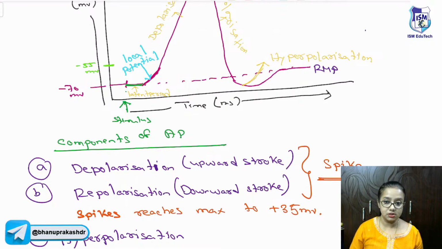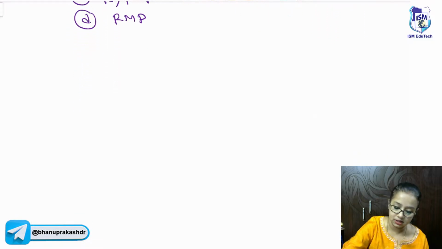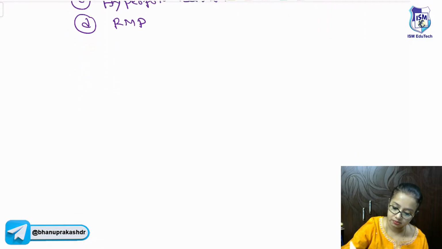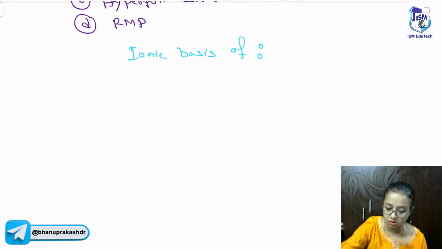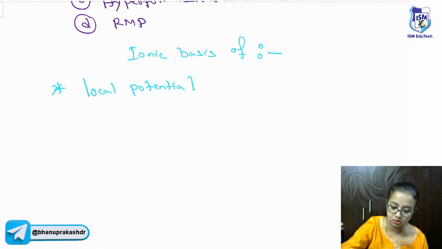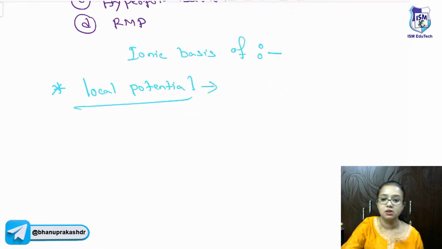What we will do is study the ionic basis of all these stages one by one, starting with the local potential. What is the ionic basis of local potential?